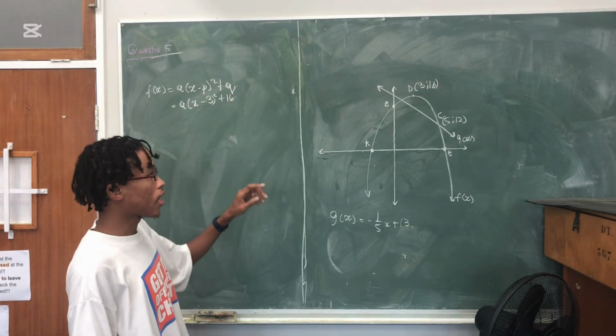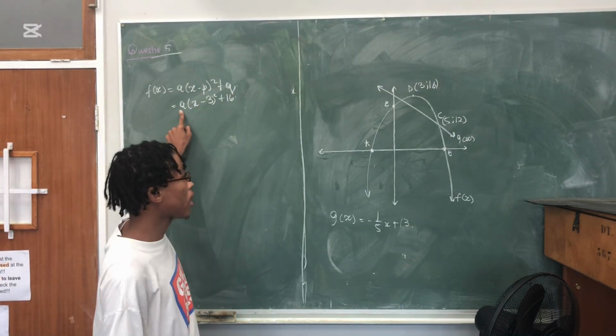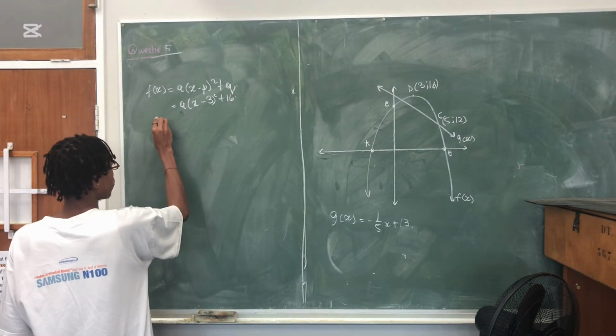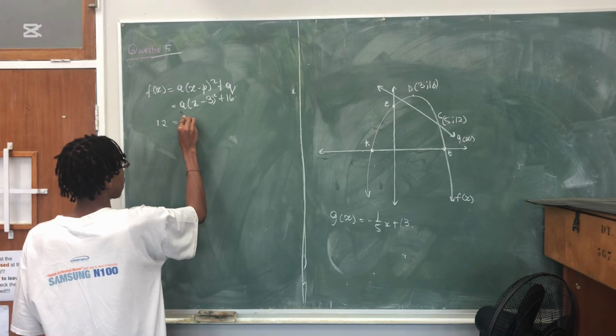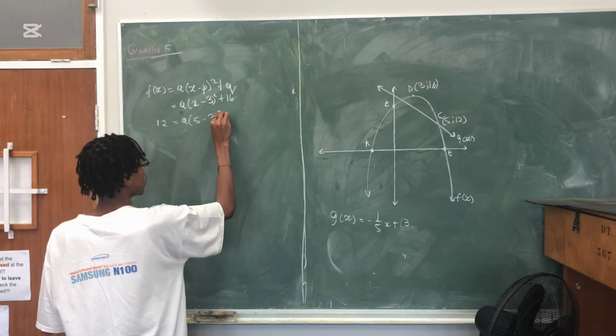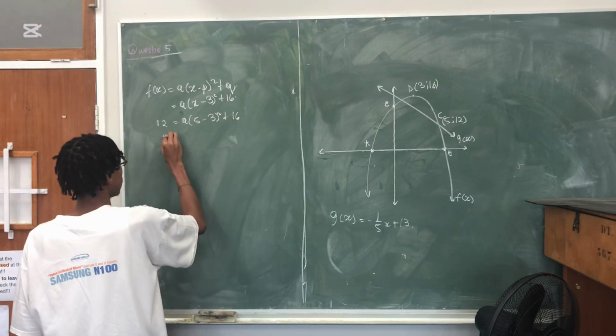We can now find out the value of a by using the coordinates of C. So the coordinates of C, for y we have 12, x we have 5 minus 3 squared plus 16.